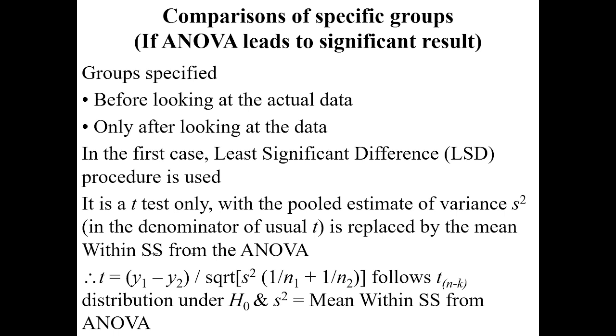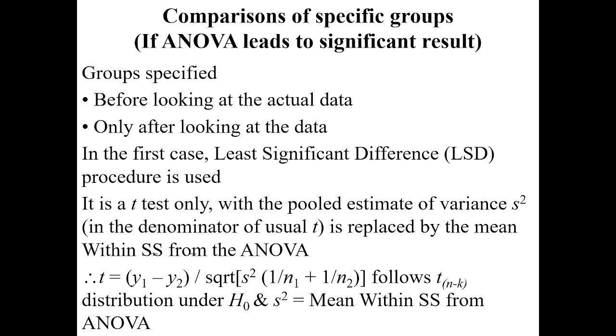You specify this before looking at the actual data. Another option is to decide only after looking at the data, where you can do a sort of fishing or exploratory analysis. You can see which groups are really different from which other group.